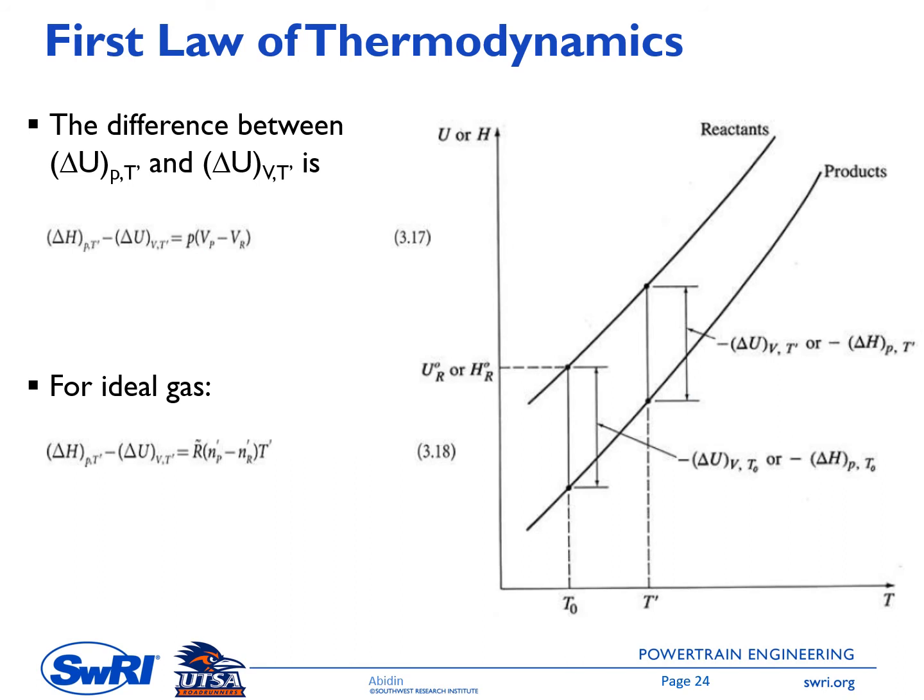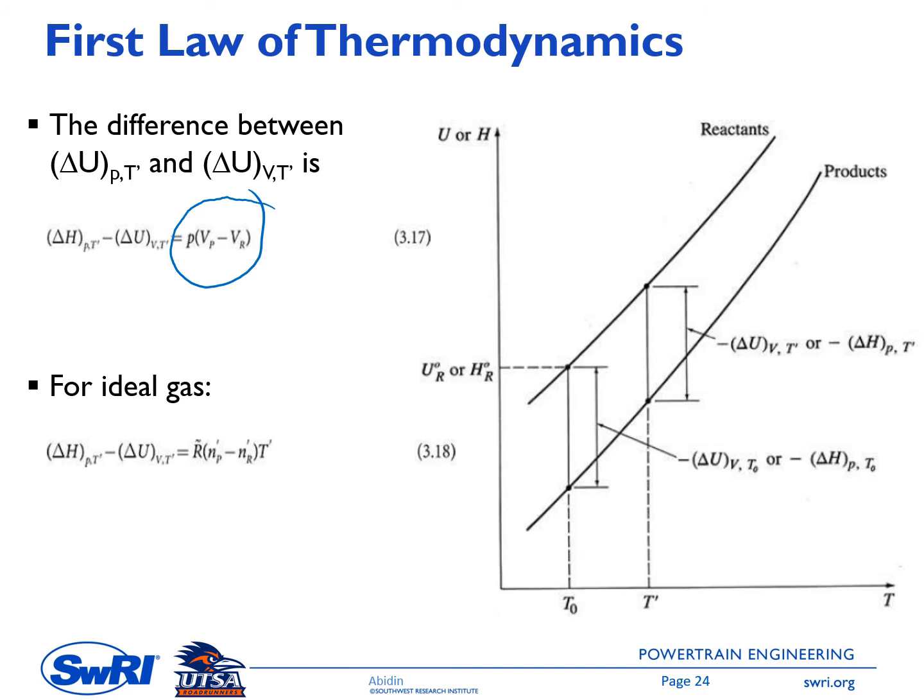The next one is that the difference between delta U PT, at constant pressure and temperature T prime, and delta U VT, at constant volume and temperature T prime, is PdV, equation 3.17.